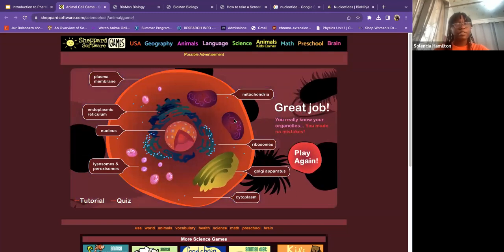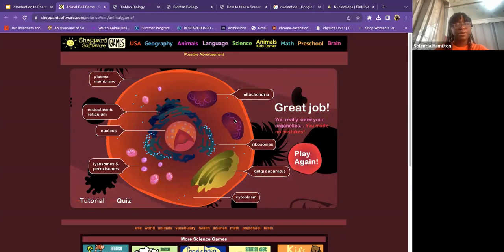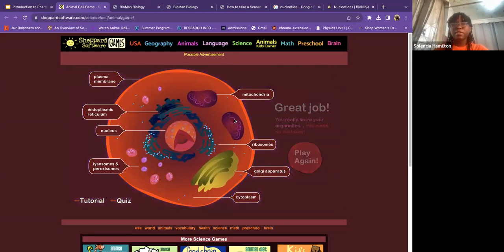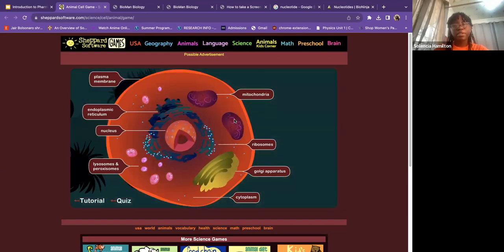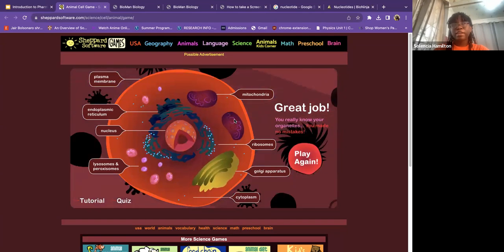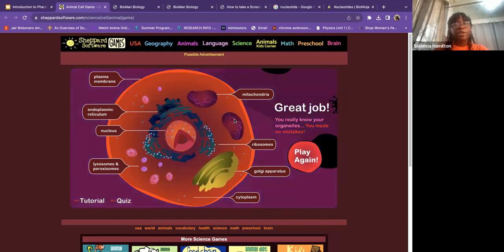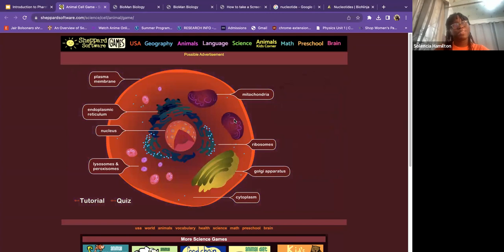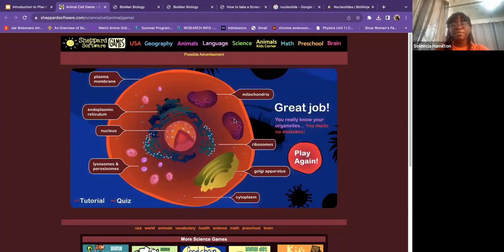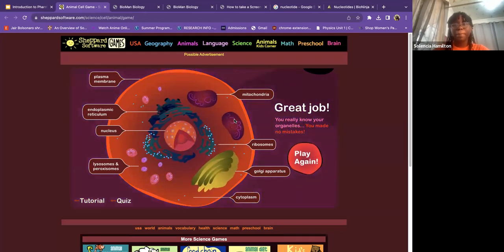All the members of the gated community go about their own business, while if you're an outside person, you have to go to the security and talk to them, and they ask, do you know anybody in there? You say, oh, I know the nucleus, so can I go inside? And they verify you, and they let you in. That's what the plasma membrane does.